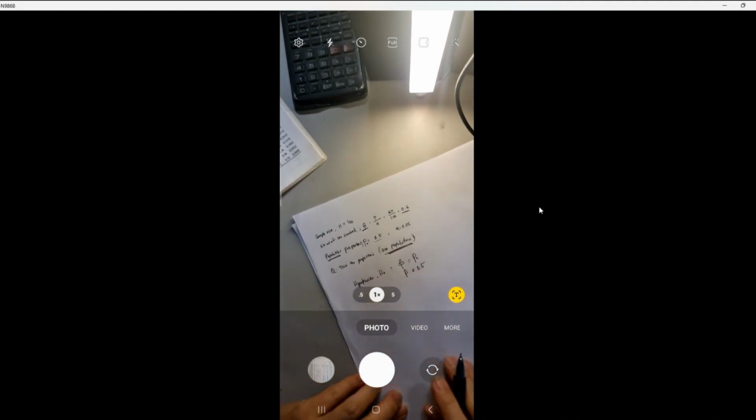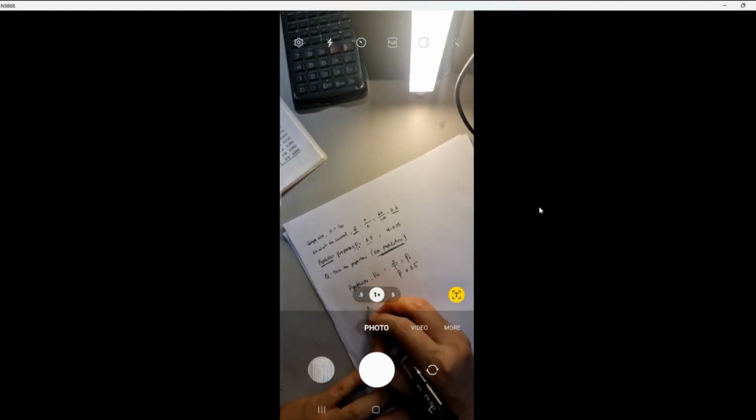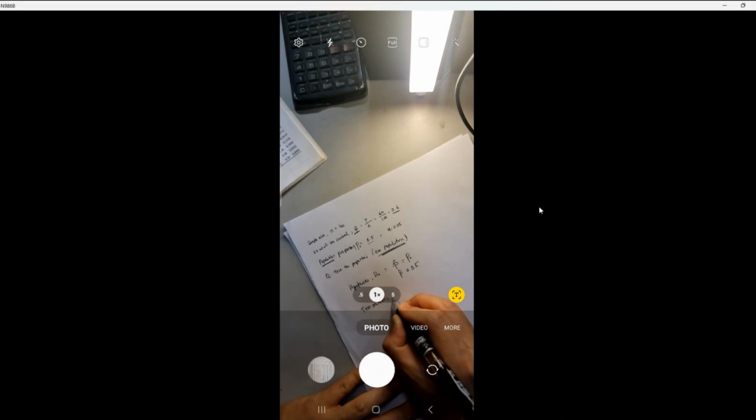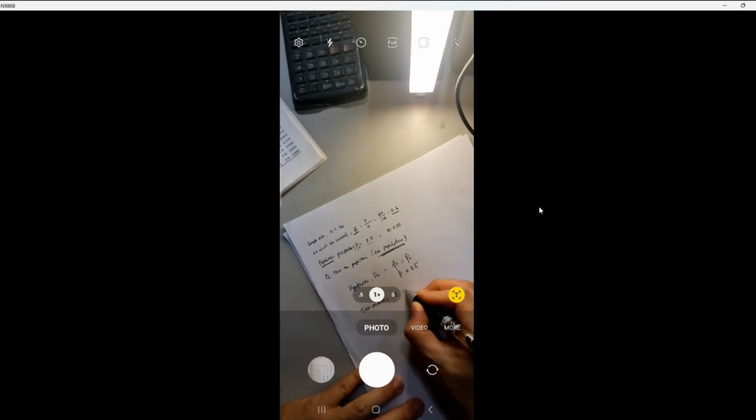Okay, so the next step is to get the test statistic, which is given by the formula: sample proportion minus the population proportion, divided by the square root of P0 times (1 minus P0) divided by n.